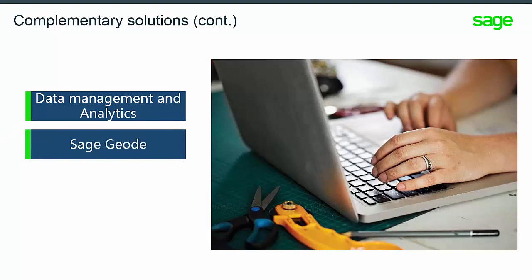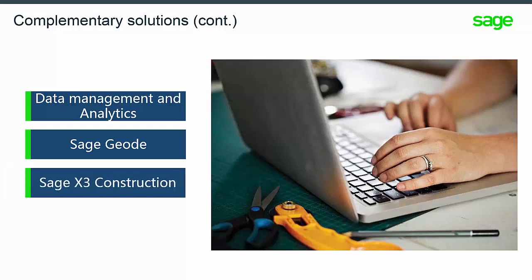There's Sage Geo, which extends Sage X3 with warehouse management capabilities to optimize all physical flows in the warehouse from receipts to shipments. Also, with Sage X3 Construction, you can extend the core Sage X3 capabilities for financial and supply chain management with one cohesive solution to manage all construction and real estate business processes.